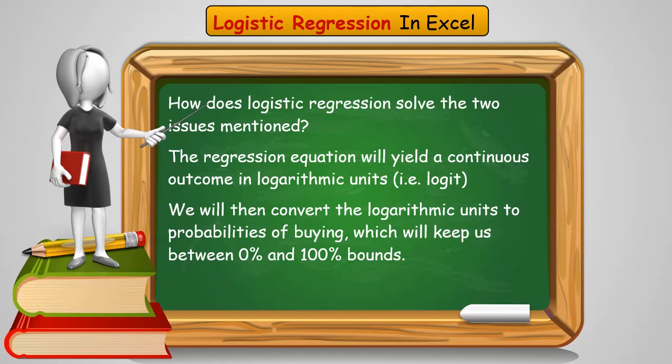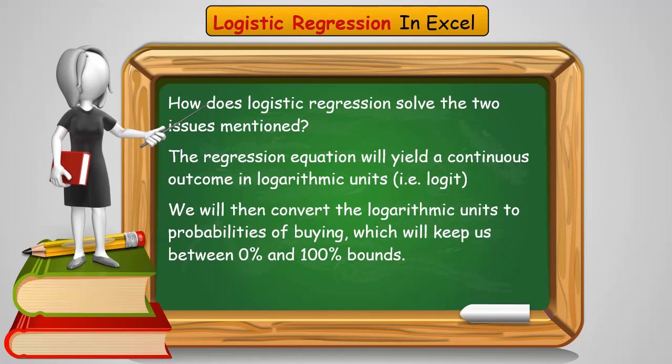Well, the regression equation will yield a continuous outcome in logarithmic units instead of the unit of measure that you were provided with. So we will then convert the logarithmic units to probabilities of buying, which will still keep us between 0 and 100% bounds. The easiest way to do this is to actually look at this as an example. So let's do that.